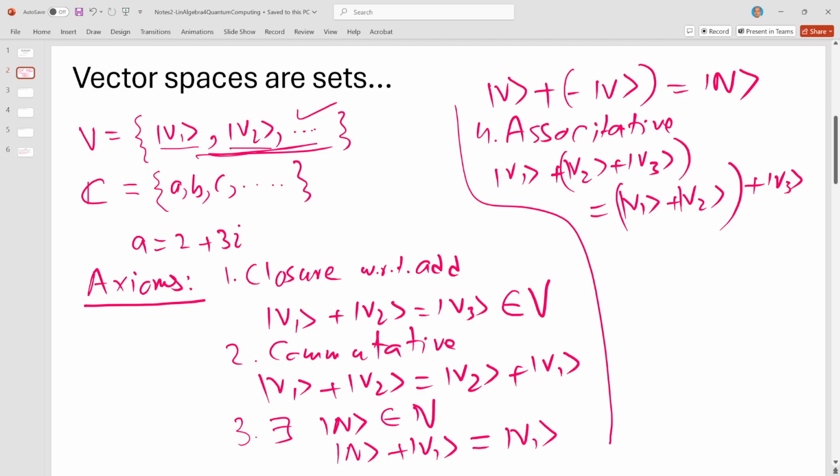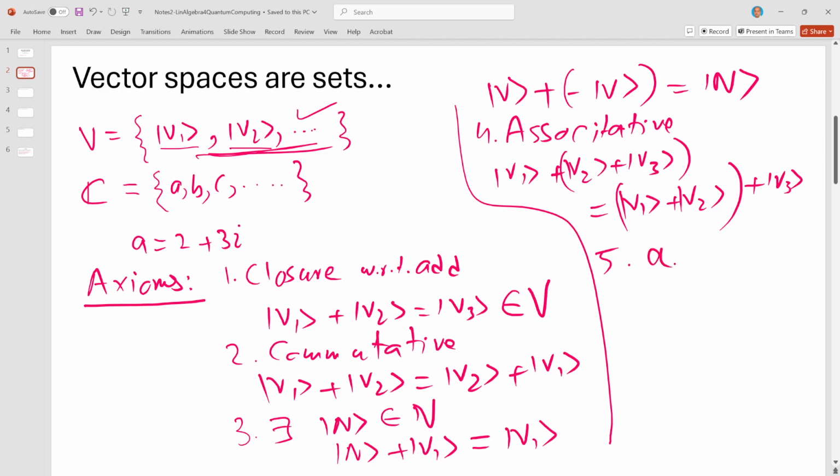And then in addition to the definition of addition and its commutativity, closure, associativity, existence of additive inverse and existence of a null element, there also has to be multiplication defined in it. A multiplication with a scalar, not multiplication with a vector.